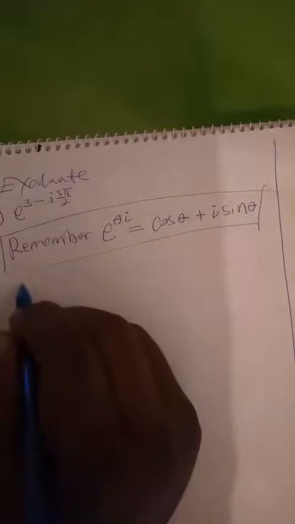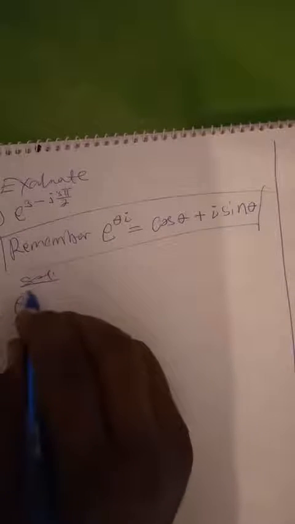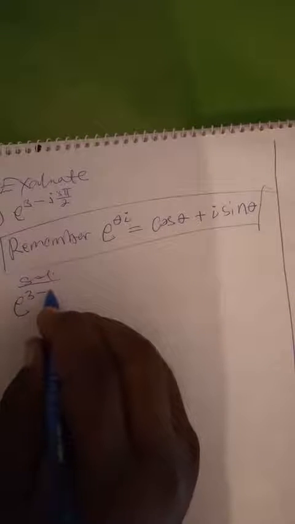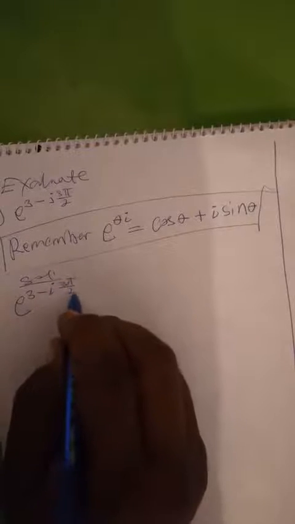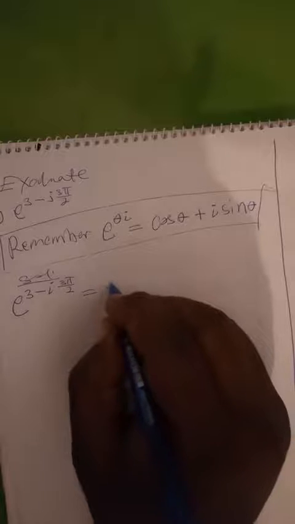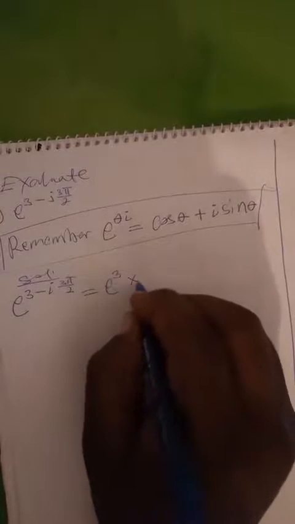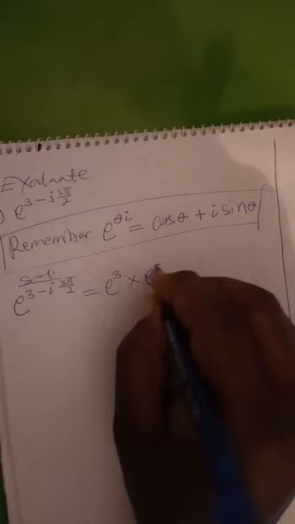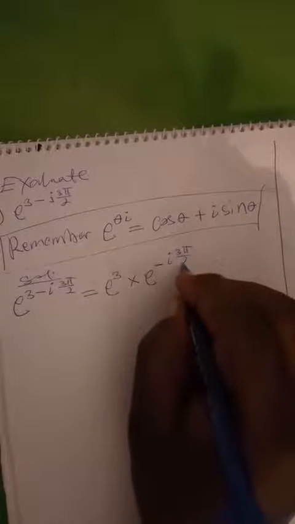So solution, we have e raised to power 3 minus i 3 pi over 2. Okay, can be written as e raised to power 3 times e raised to power minus i 3 pi over 2.